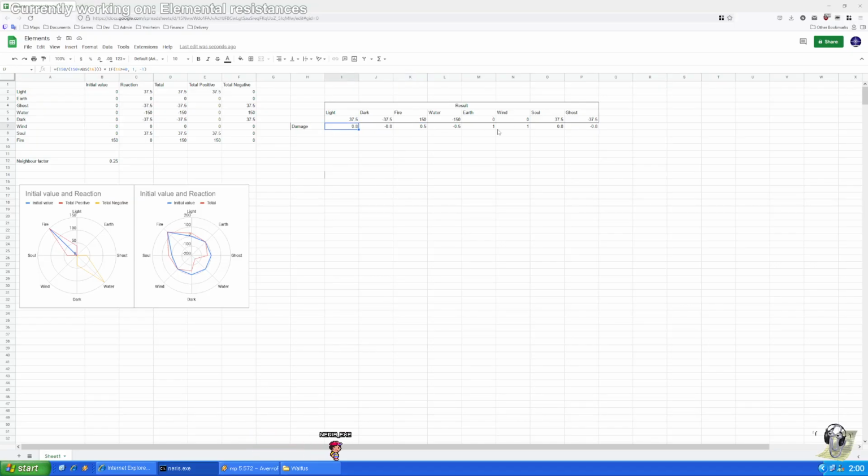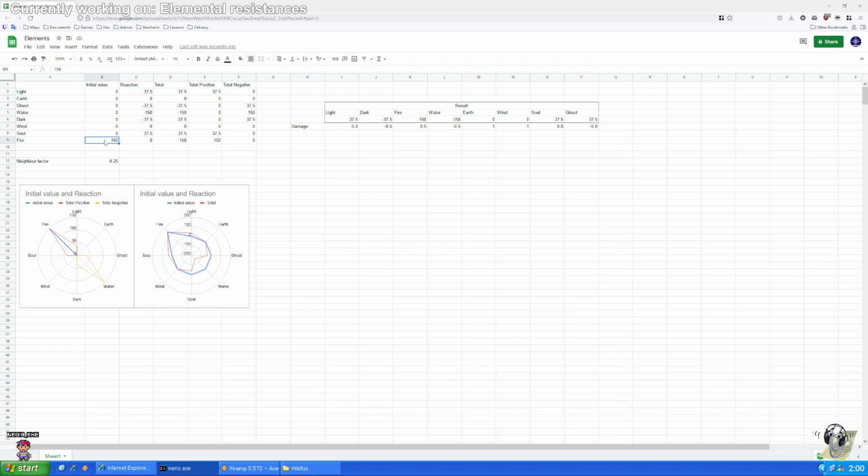Okay. Let me delete on that. This looks weird. I don't want this. Okay. So damage. When I'm doing 100% light damage is gonna be 0.0.